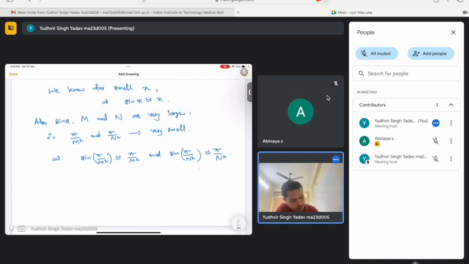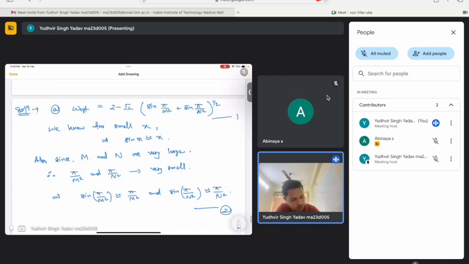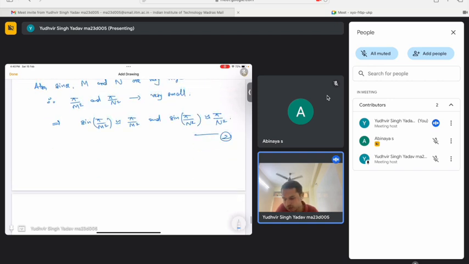Therefore, let us number these equations as 1 and 2. Now combining both these equations, one can simply arrive at omega equals 2 minus root 2 times (pi by m square plus pi by n square) whole to the power half, and it will be equal to 2 minus root 2 pi (1 by m square plus 1 by n square) whole to the power half.